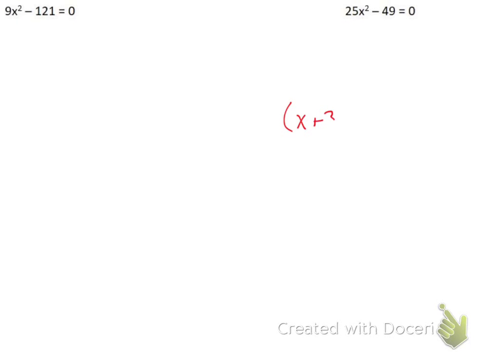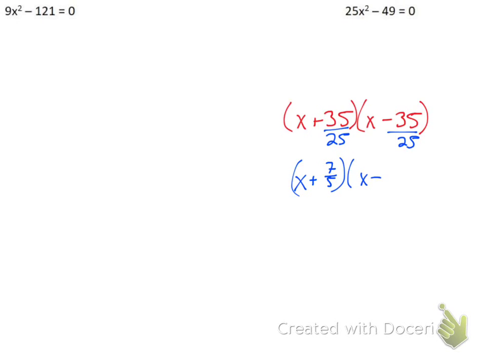So x plus 35 and x minus 35. Again, I'm going to divide both of those by 25. When I do that, again, it reduces, both of them divide by 5, so I get x plus 7/5 and x minus 7/5.